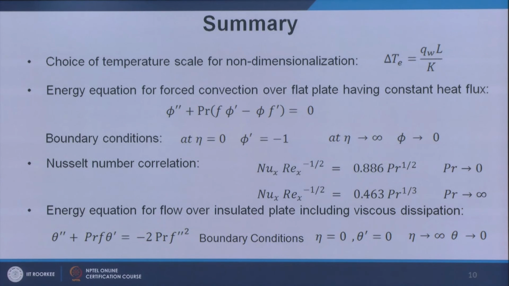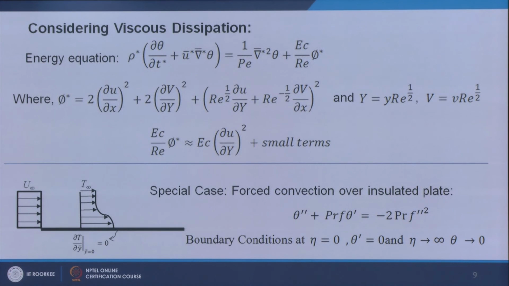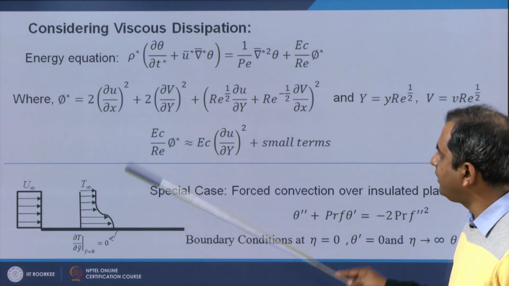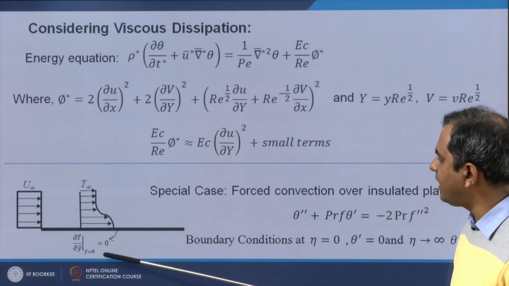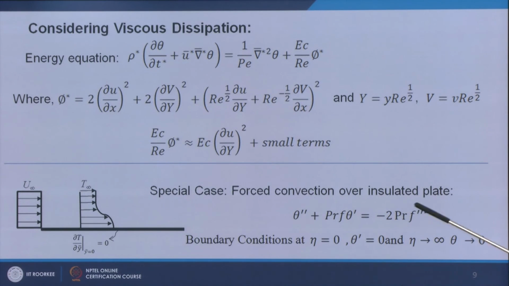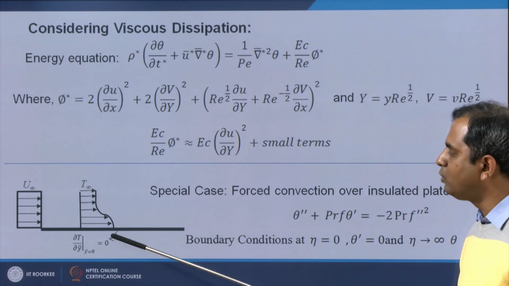At the end, we have also shown what happens whenever we take the viscous dissipation into consideration in the energy equation over an insulated plate. By the way, if you go back to the previous one, here I have not mentioned this is for the insulated plate. Till now we have discussed constant heat flux. Here this is for the insulated plate, so QW is actually equal to 0.